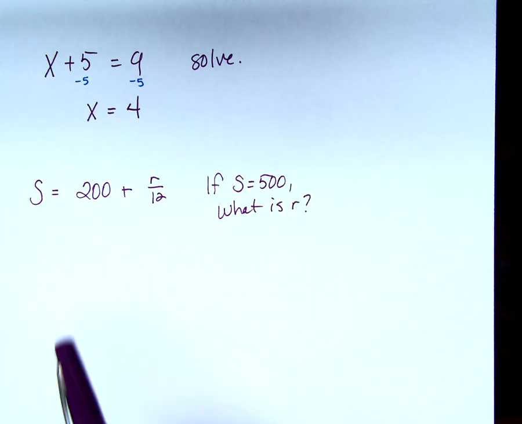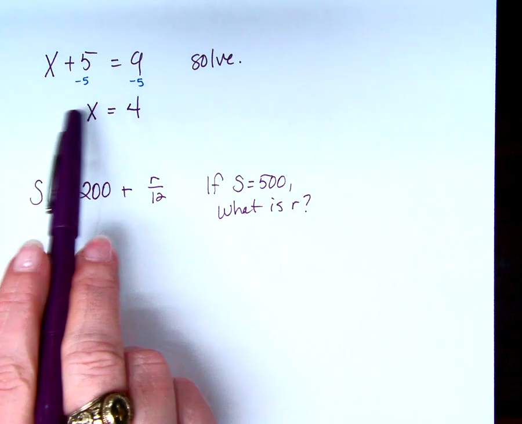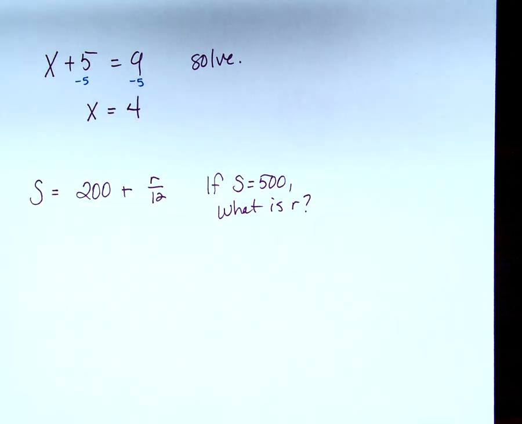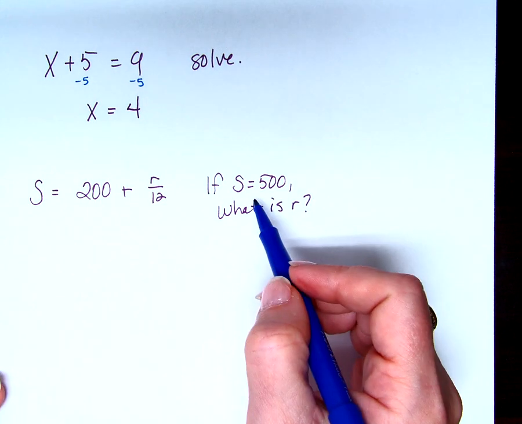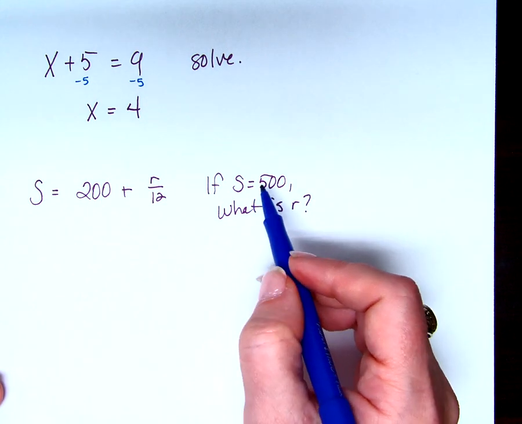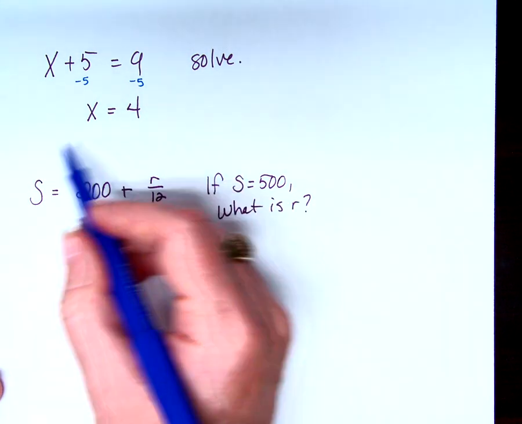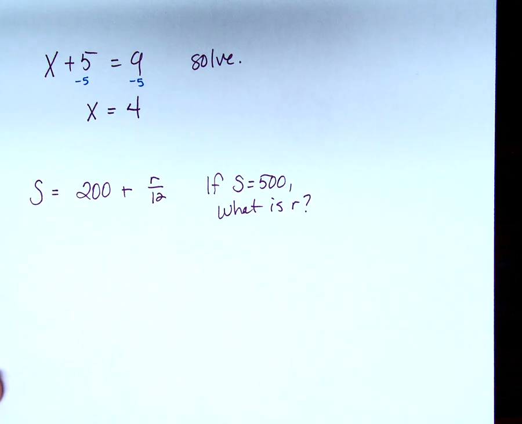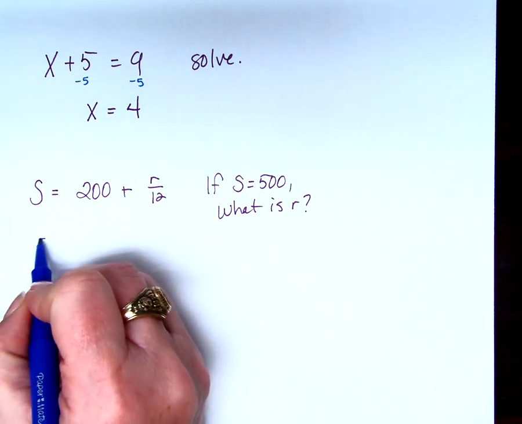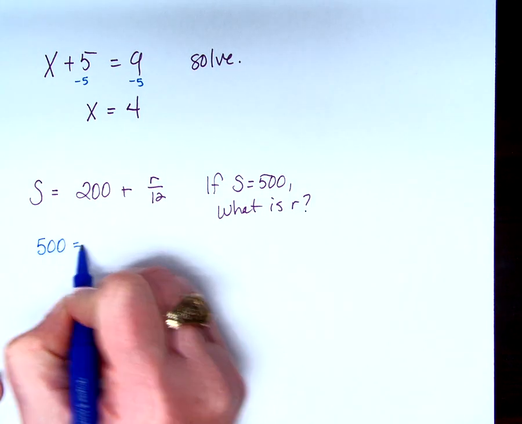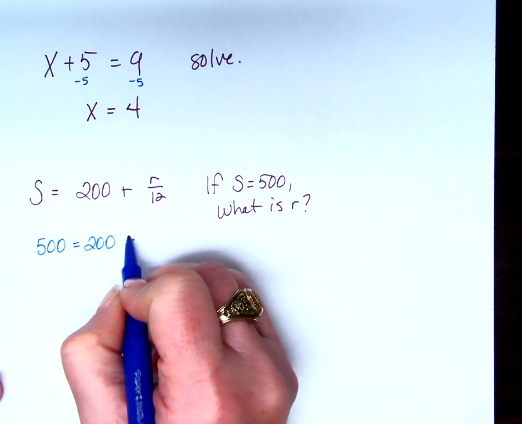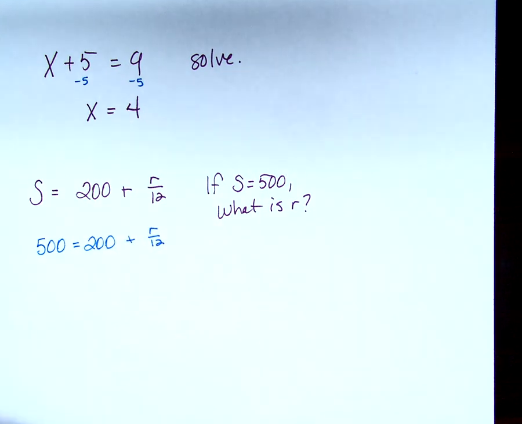Guys, I need you to understand that this question and this question are the same. But what it's asking me to do is slightly different, right? I have to take S equals 500 and substitute it in first, don't I? I have to say 500 equals 200 plus R over 12.